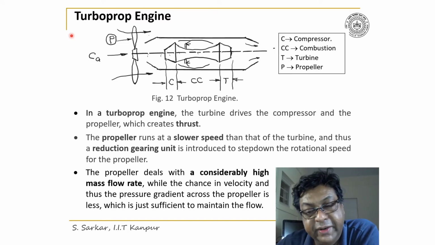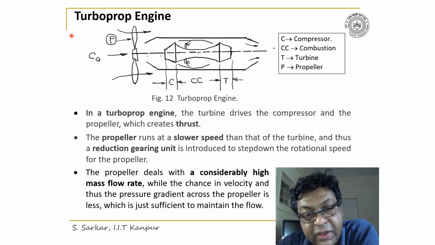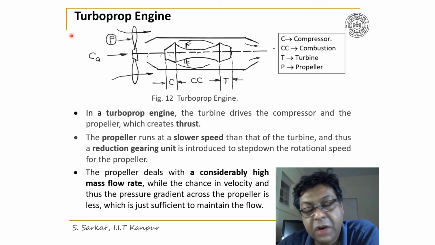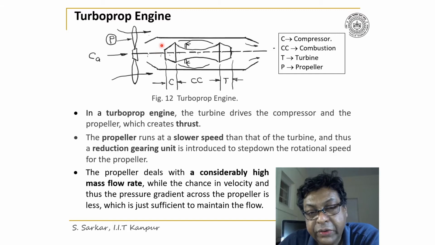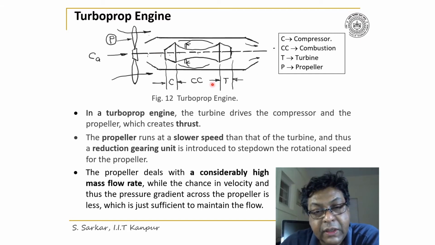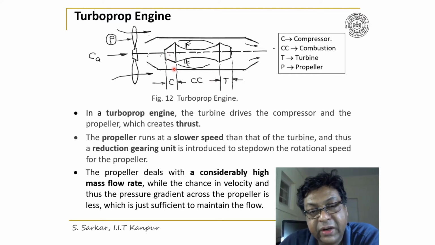I have illustrated here in brief the operation of a turboprop engine. Figure 12 illustrates the schematic of the engine. Now look here, within the core region it has a gas turbine engine, that is a compressor, combustion chamber followed by a turbine.